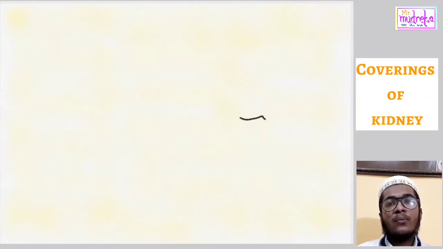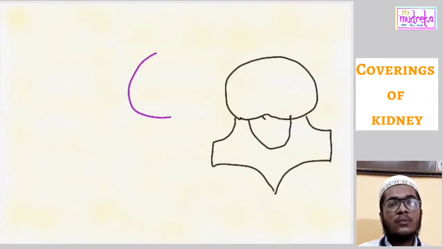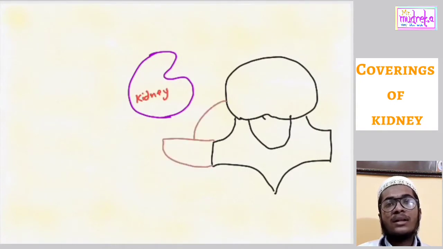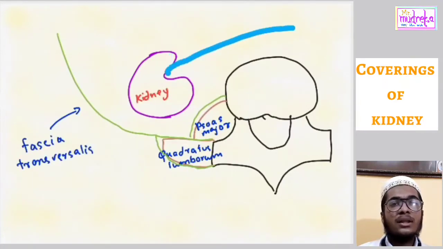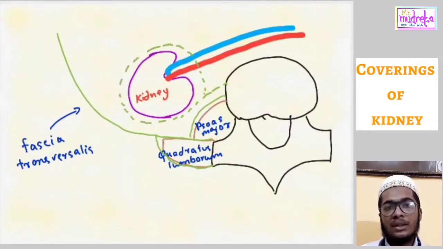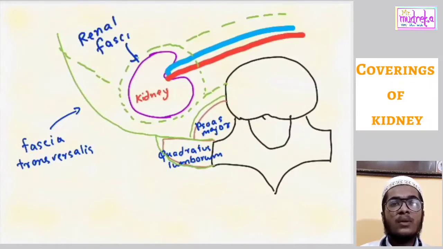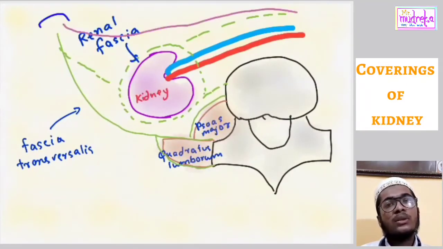It is a layer of fat lying outside the renal fascia, consisting of a considerable quantity of fat and being more abundant posteriorly and towards the lower pole of the kidney. It fills the paravertebral gutter and forms a cushion for the kidney. So these were the coverings of the kidney.